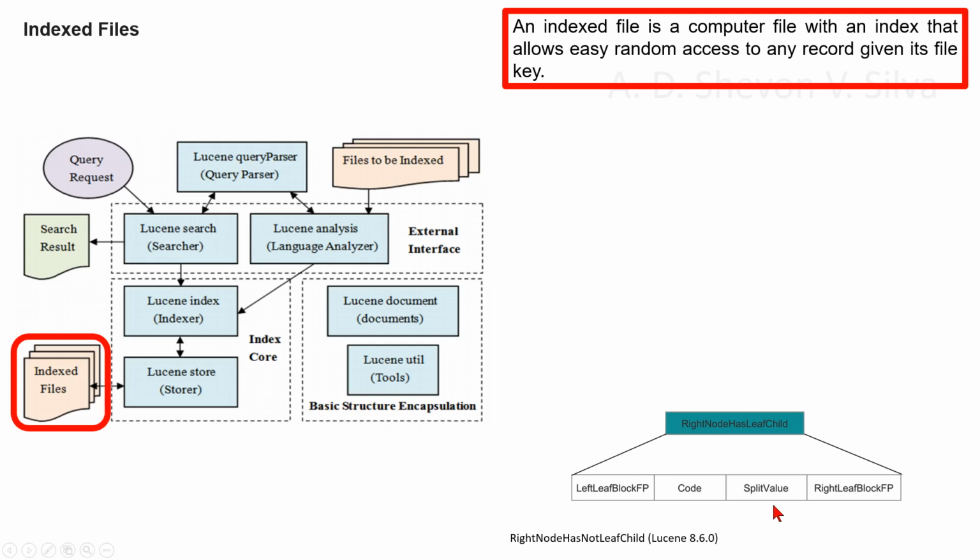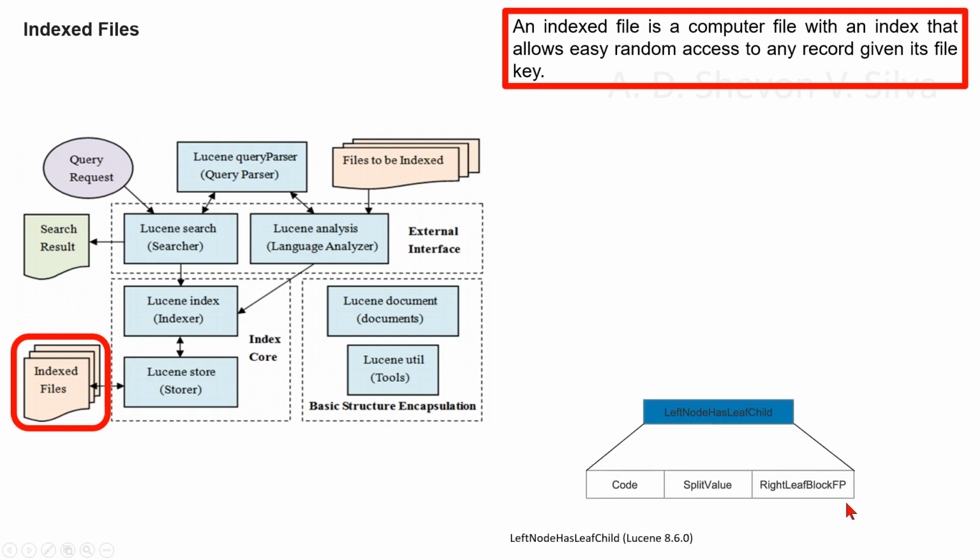Right leaf block FP describes the pointer to the position of the right leaf node of the current inner node in the .kdd file. Here the right node has leaf child, consisting of left leaf block FP, code, split value, and right leaf block FP.